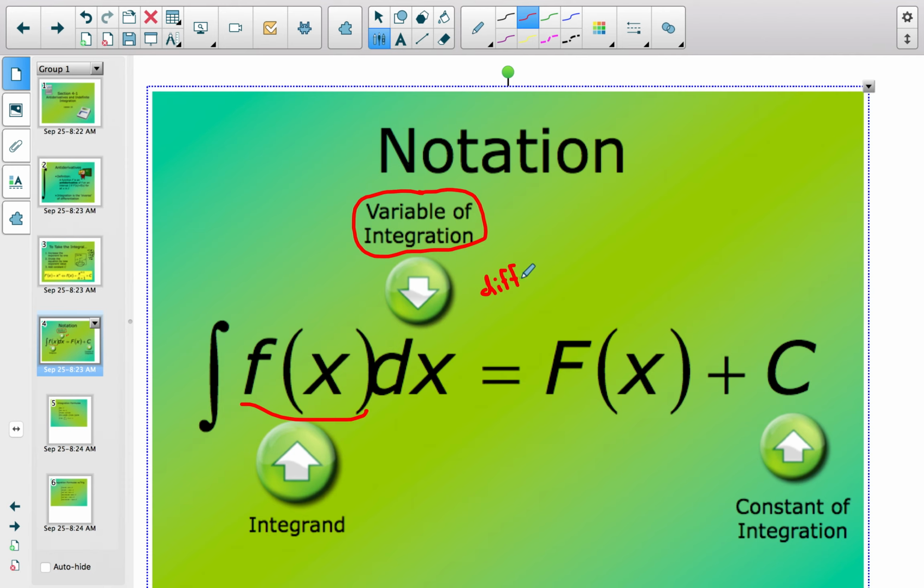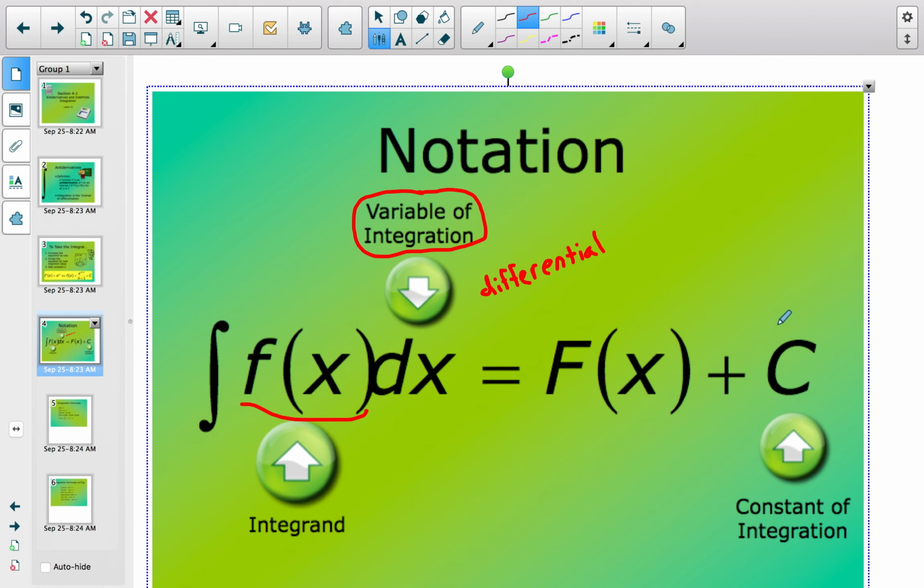It's this slight little differential dx in there, and that'll make a little bit more sense when we talk a little bit about area. Okay, and then this big F of x is your antiderivative, and then your c is what's called your constant of integration.